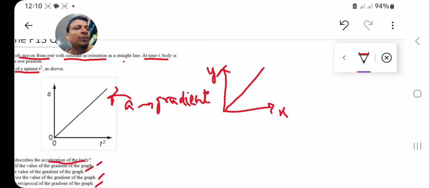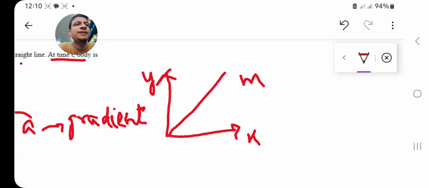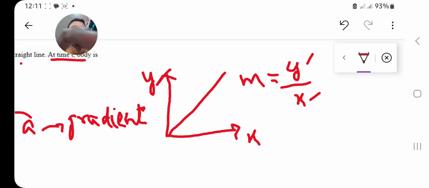The gradient is y upon x. Just note this point carefully. Gradient of the graph in a straight line is y upon x: the change in values of y divided by the change in value of x. Change in value of y in the numerator and change in value of x in the denominator.